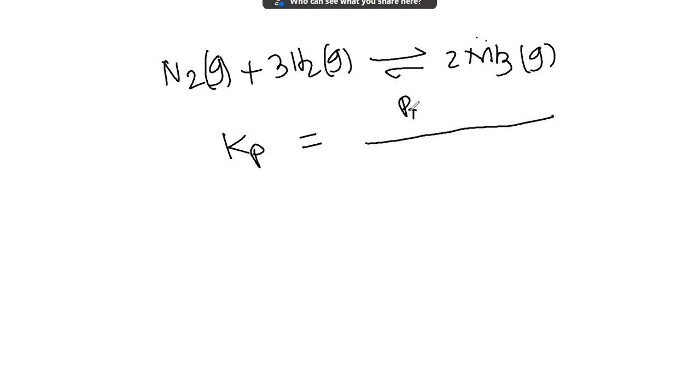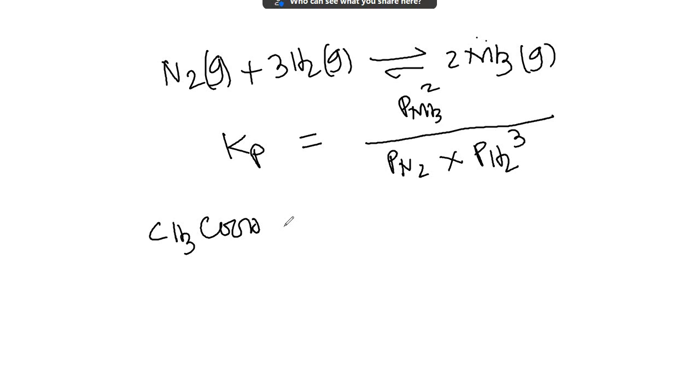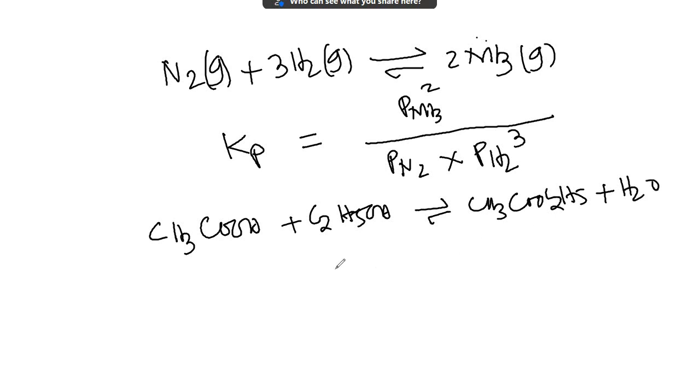So I can write it as P NH3 squared over P N2 into P H2 cubed. The coefficient goes to the power. If it is the case of a liquid, in this case it will be Kc.